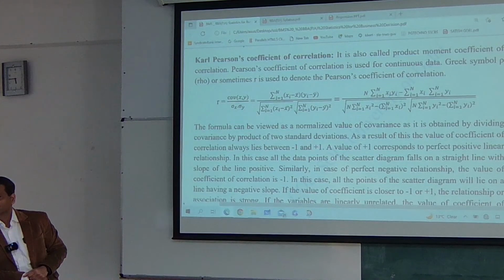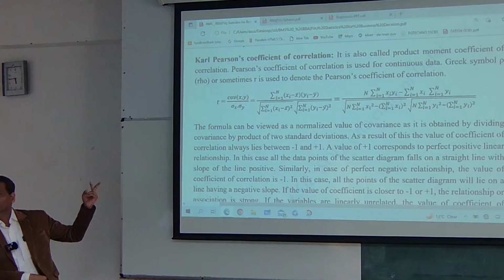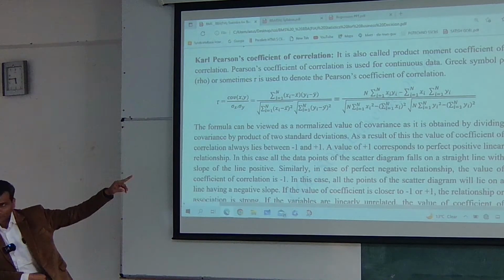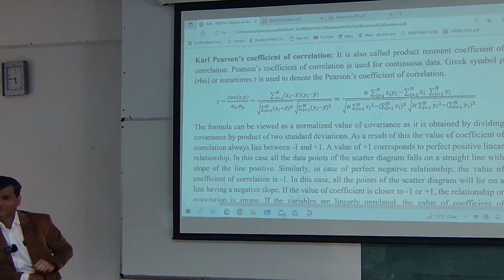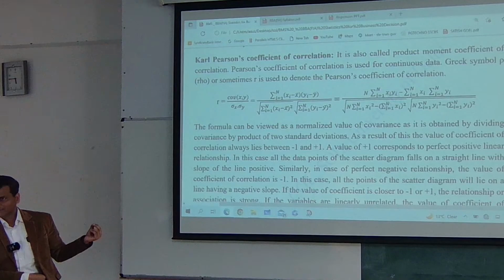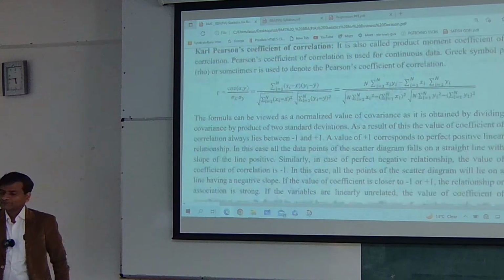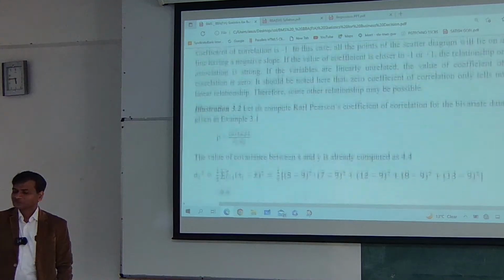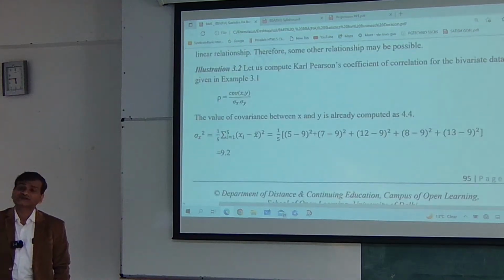In standard deviation also we have 1 by n, but inside the square root, so the two 1 by n cancel out. Finally we have this formula, or if you open it further, you can have this formula. As per your convenience, you can use either formula. So this is about Karl Pearson's correlation coefficient.